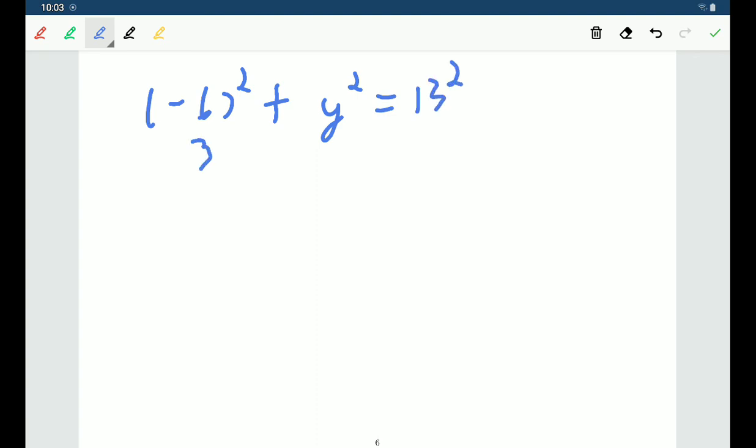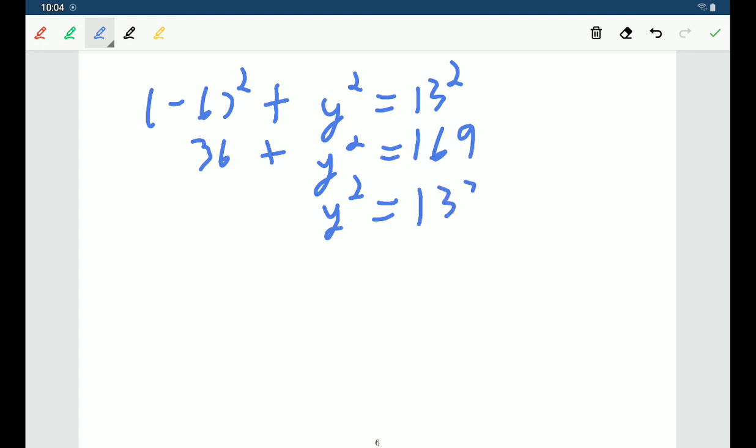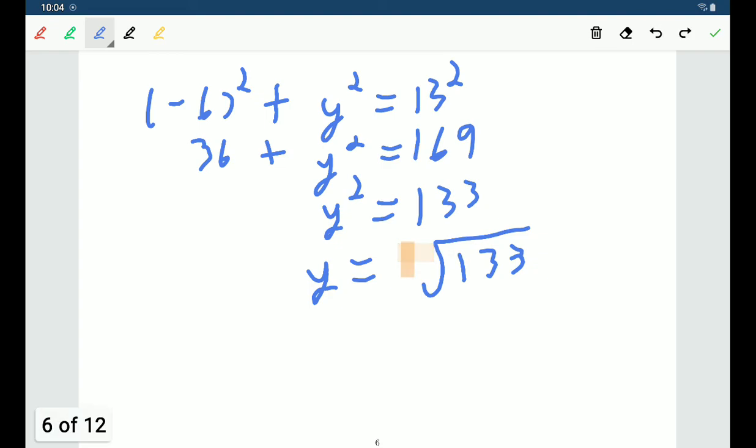Then just simplifying a little bit, bringing the 36 to the other side gives us 133. Now in the next part, we're going to be taking a square root, and the question is, are we taking the positive root or the negative root of 133?